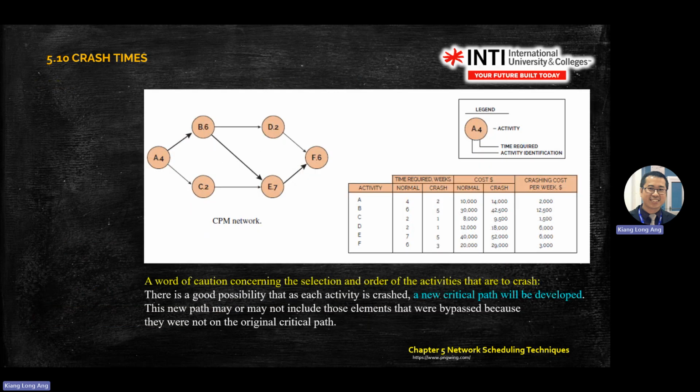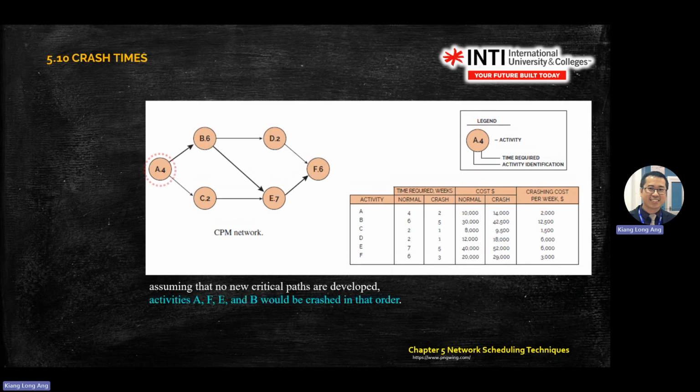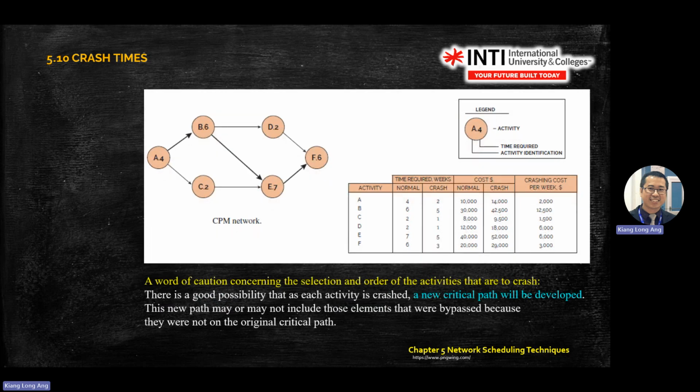Okay. So this time I'm not going to ask you about crash time, but it's inside your syllabus. This one you read. CPM is AOA. PERT is AON.